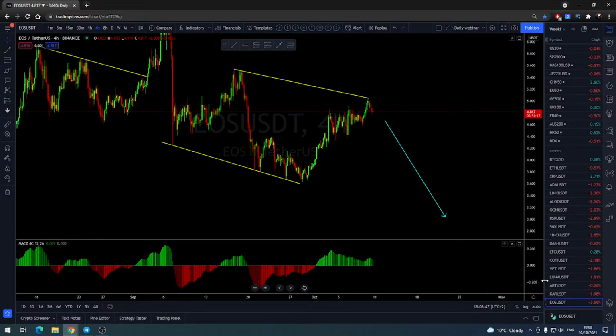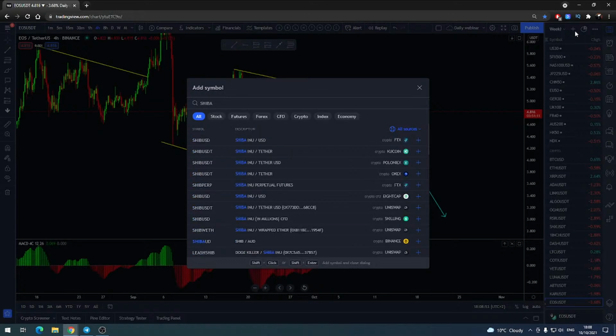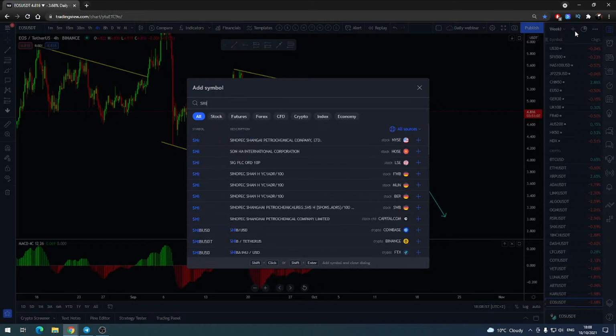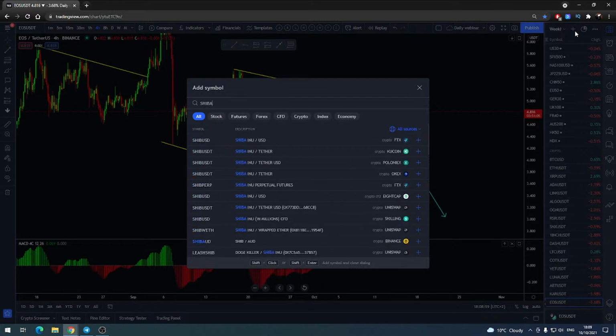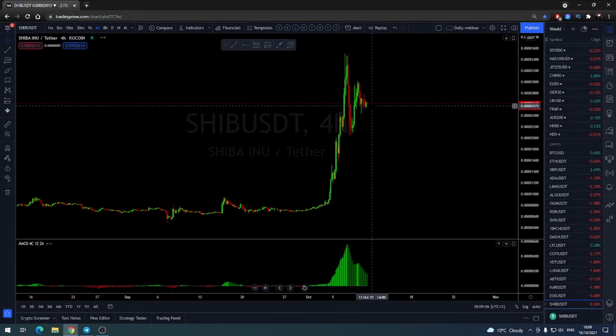What else do we have? Shiba. Let's see what Shiba is trying to do. Shiba USDT, let's see what it is trying to do.